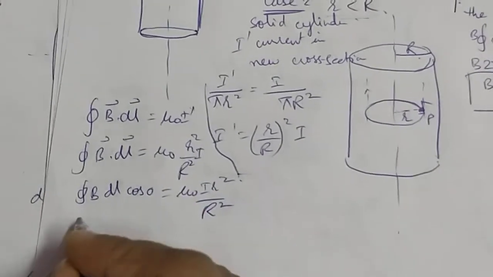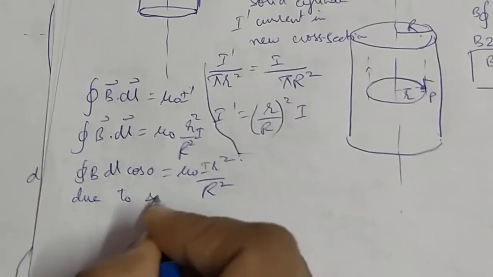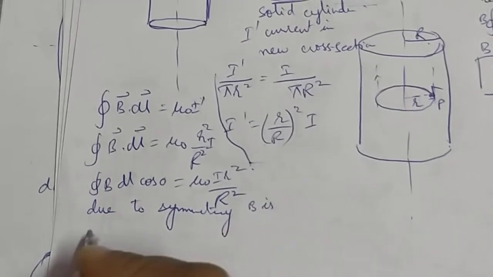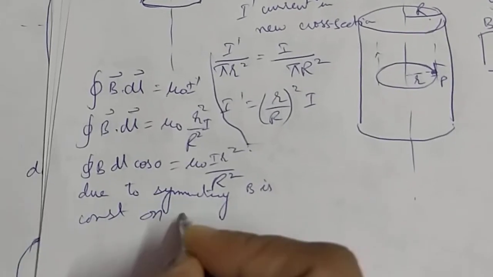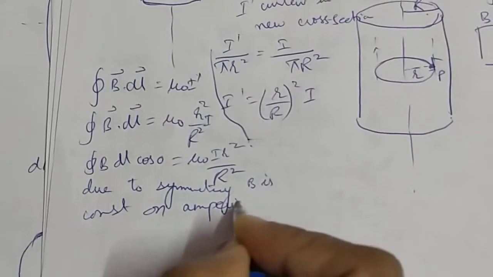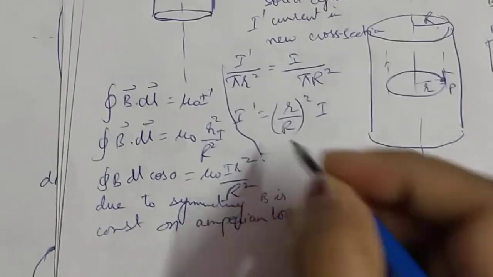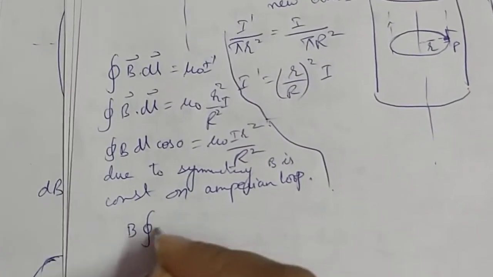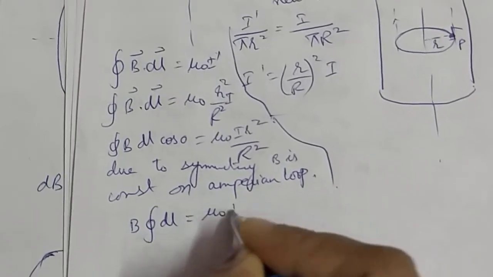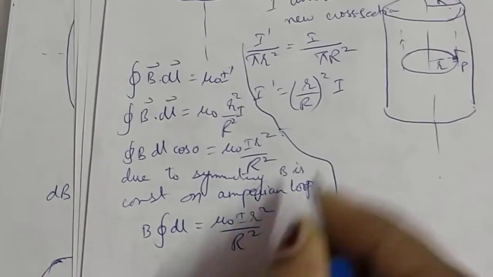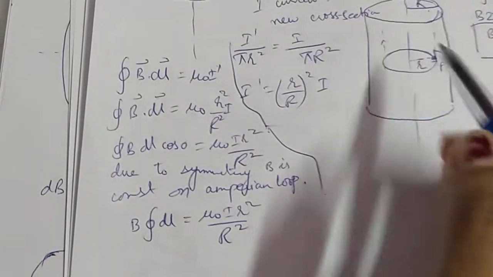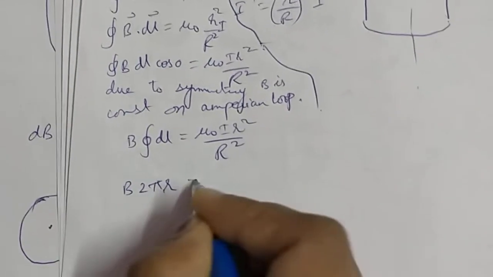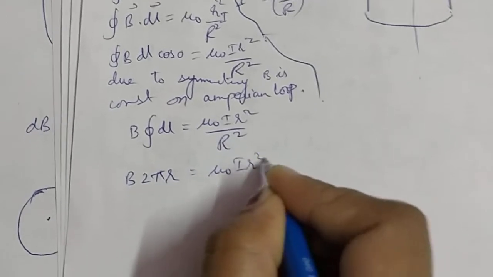B, due to symmetry, again you'll write due to symmetry, B is constant on the Amperian loop. So if it is constant on the Amperian loop, we can take it out. B closed integral dl is equal to mu naught I r square by capital R square. Now it is closed integral dl, which means the circumference, so B into 2 pi small r is equal to mu naught I r square by capital R square.